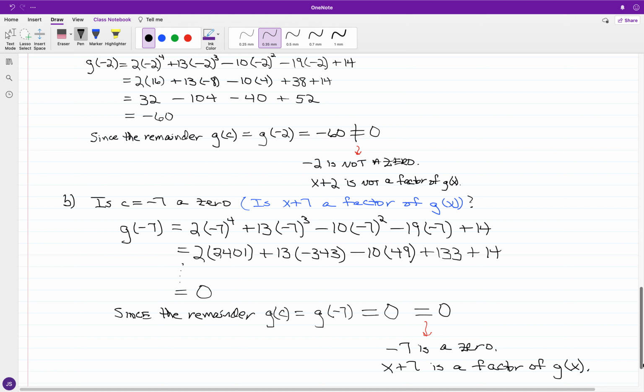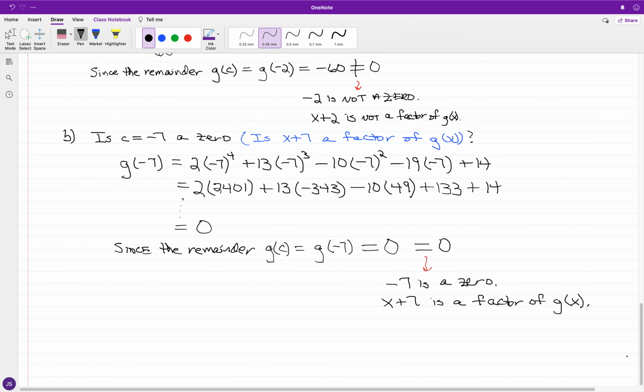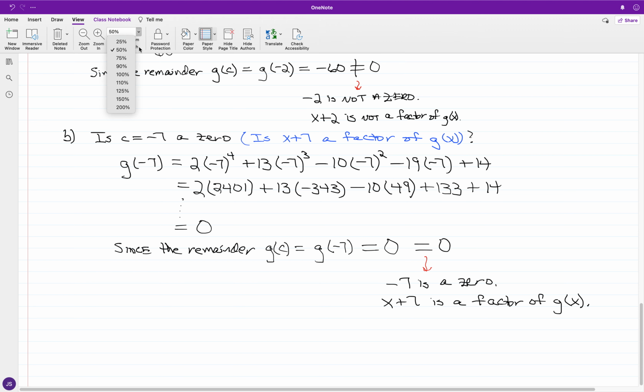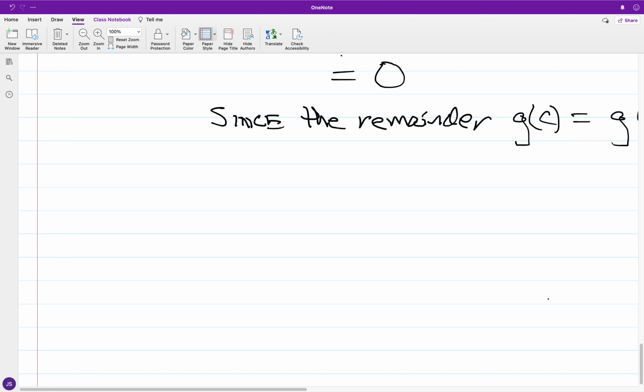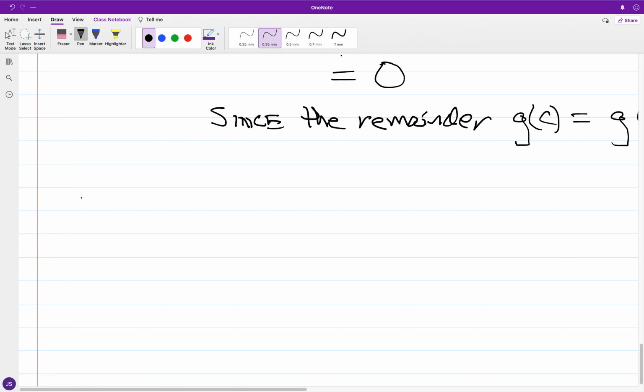For this particular part, we have all these concepts intertwined. For the next part, I'll give this a little different title here: determining factorization of polynomials from given zeros.